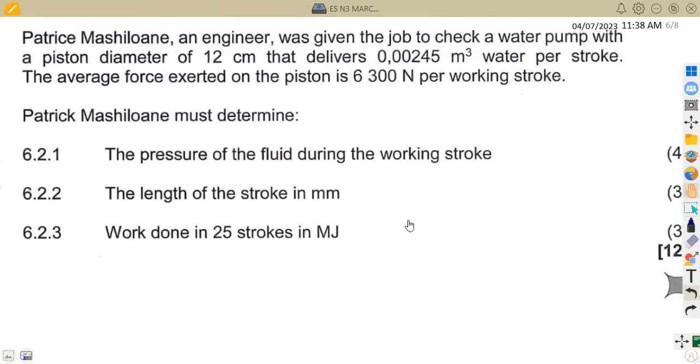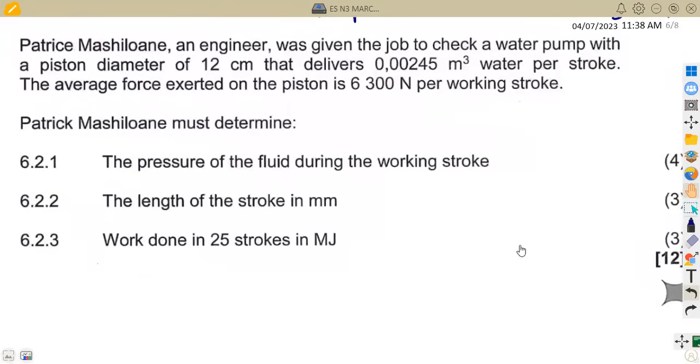So what is happening is that Patrice here is going to check the job. Then we saw that there's a diameter, so we are given here the diameter, or we can even just write it on top here. So we have got a diameter of 12 centimeters, which we can convert to meters. 1 meter is 100 centimeters, so you can divide by 100, which is 0.12 in meters.